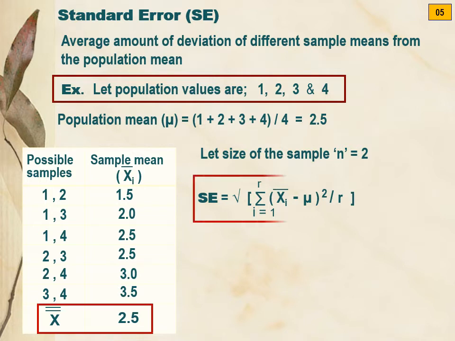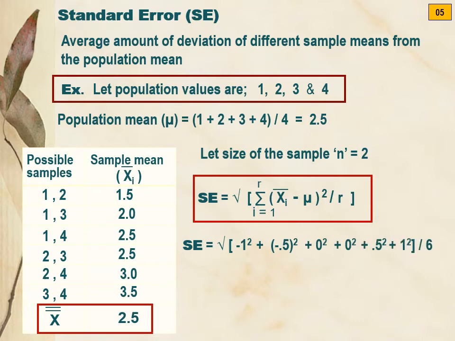If you break it down, it will be like this. How did we get minus 1 squared? It is (x1 bar minus mu) squared. So x1 bar is 1.5, mu is 2.5, so 1.5 minus 2.5 is minus 1, and its square.